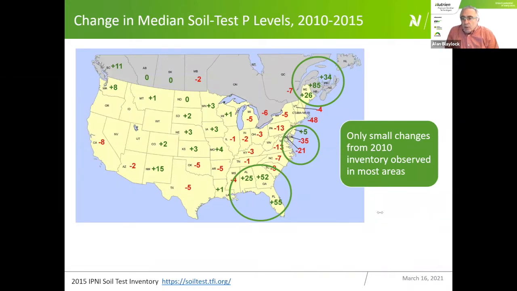So we have a question that's come in. Are the differences between Bray P1 critical levels based on variance of crop responses, the inherent pH, or both? Okay, that's a great question. pH certainly influences phosphorus availability. However, in the process of calibration, correlation and calibration and determining of those critical levels, it's kind of a black box approach.